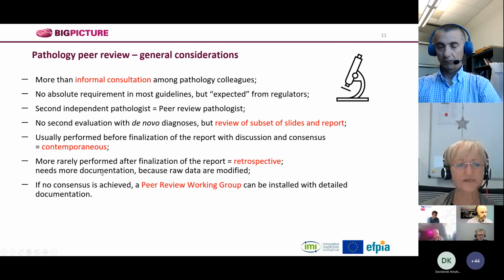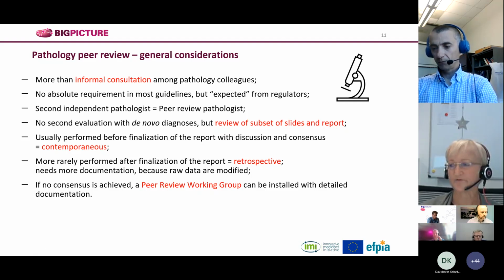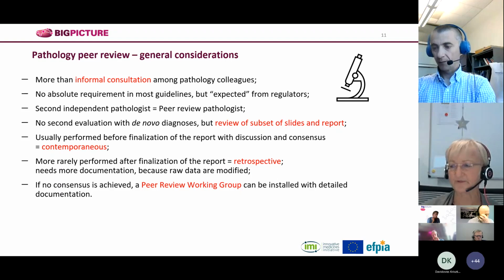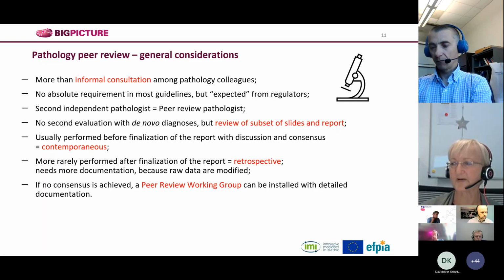That needs more documentation because raw data already exist with the signature of the pathology report and are modified with this peer review. And finally, if those both pathologists do not achieve consensus, an even more formal process, a peer review working group, so a group of experts, can be installed with very formal instructions how they evaluate the slides and come up with a common or individual opinion.